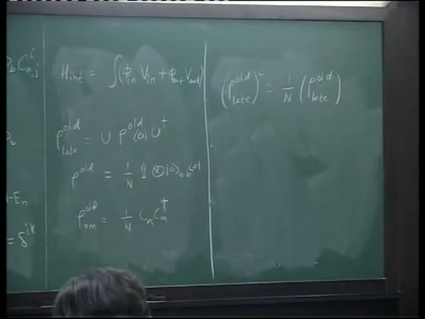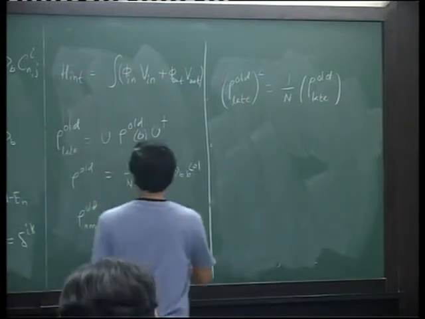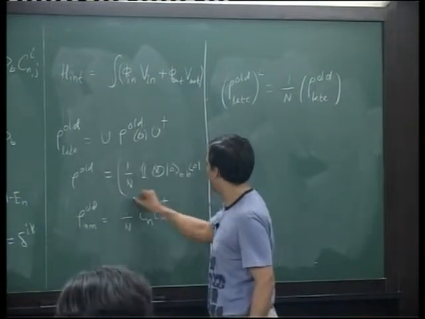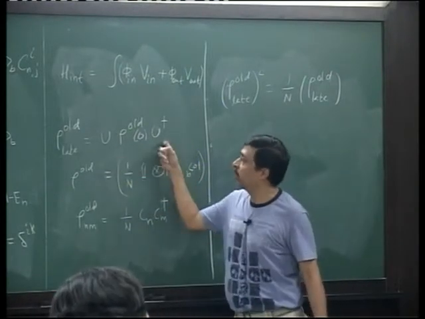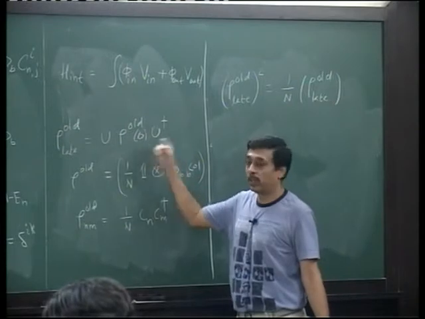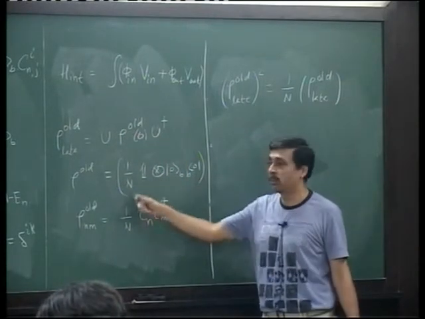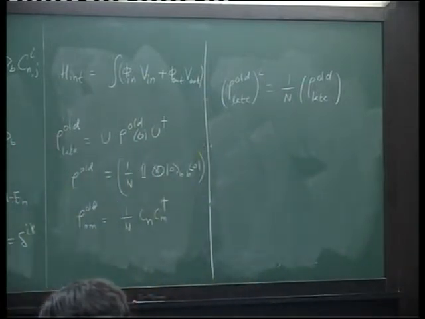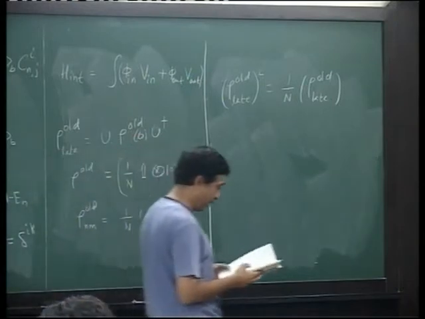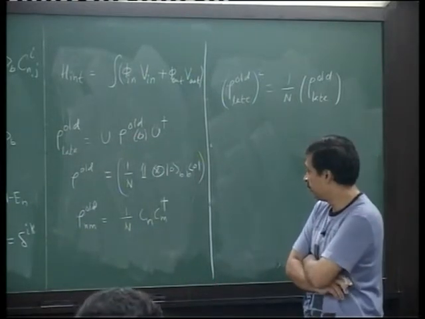It doesn't square to itself, but squares to 1 over N times itself. Okay, that's not very difficult to see, given that rho old is written as this kind of thing, identity times some projection operator, U dagger. So if you square it, U dagger will cancel, then externally U dagger will sit. This squares to itself with 1 over N squared. Okay, so you can see that it is almost like an operator of that kind. So okay. This one, rho old nm of late. Yes, late. Yeah.